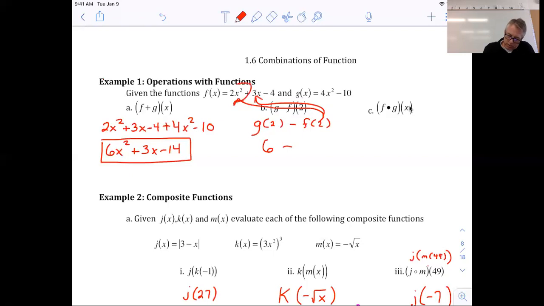So I have 2 squared, which is 4, times 2 is 8, plus 3 times 2 is 6, minus 4. So that comes out to be 10. So f of 2 is 10. And then I just subtract those two numbers.